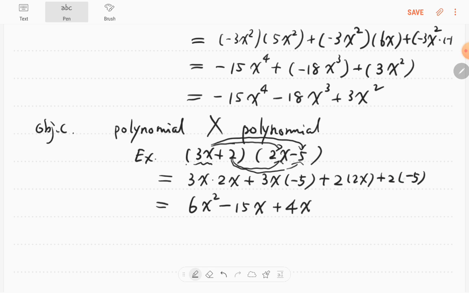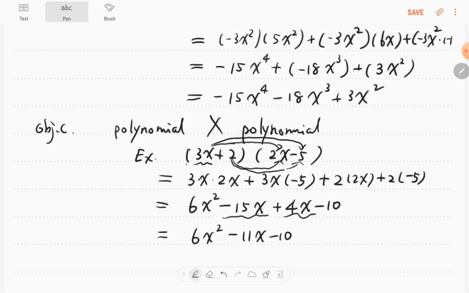And the last one, we only have 2 constants, so 2 times negative 5. We will get negative 10. But after we list this, we realize there are still like terms. So we should simplify it. Negative 15 plus 4, we will get negative 11x.